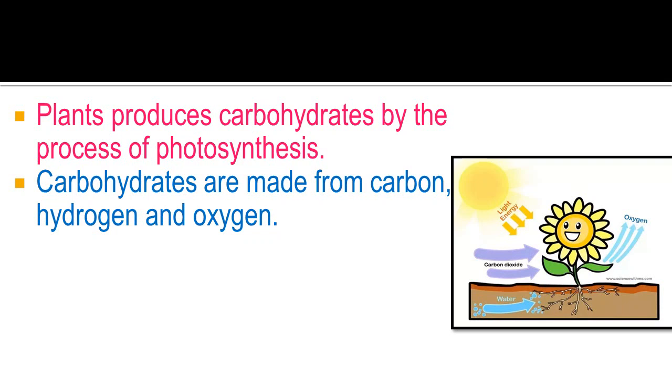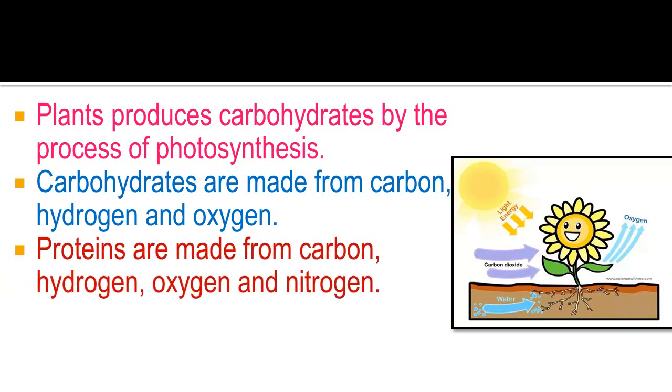The formula for glucose is C6H12O6. Proteins are made from carbon, hydrogen, oxygen, and in addition nitrogen. So carbohydrates have three elements, but proteins are made from four: carbon, hydrogen, oxygen and nitrogen.